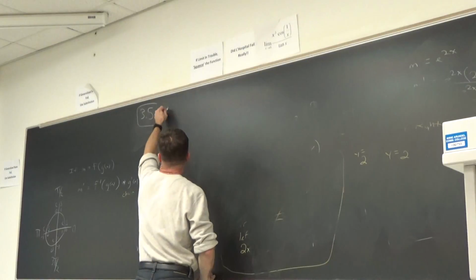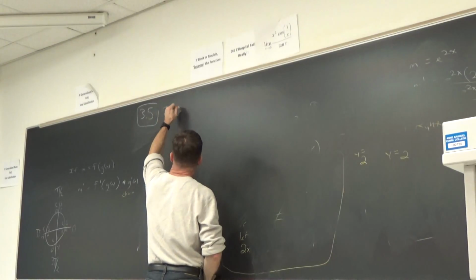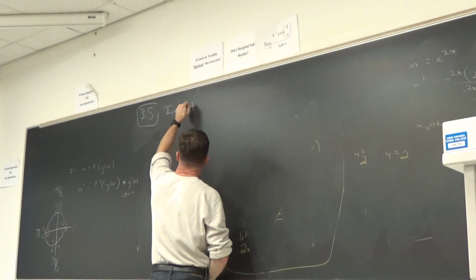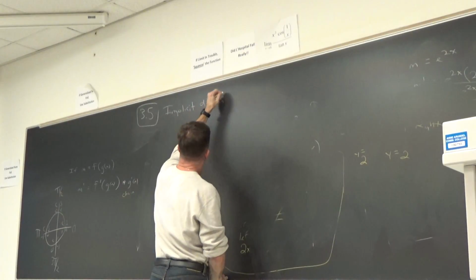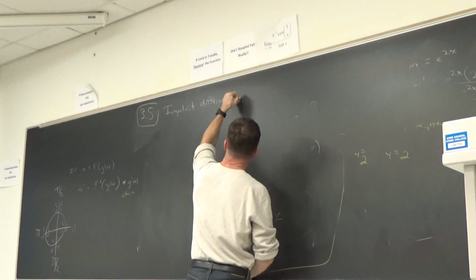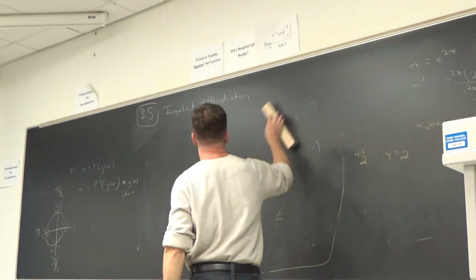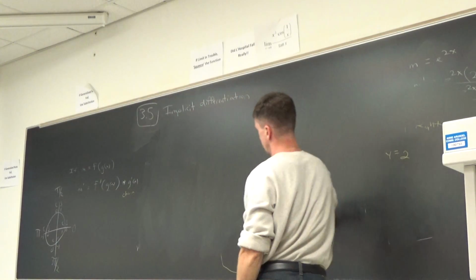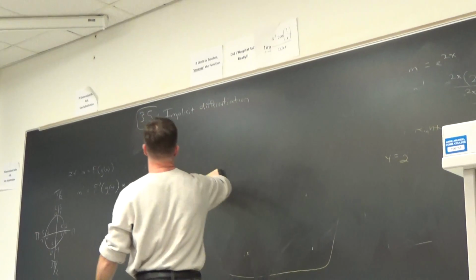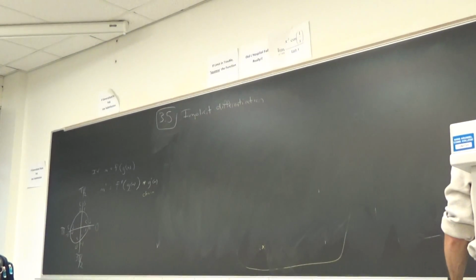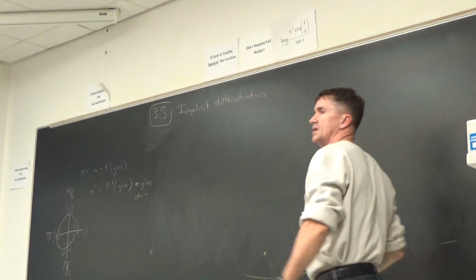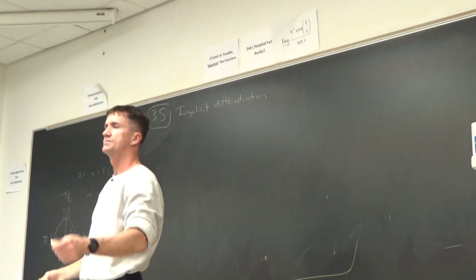All right, here you go. Implicit differentiation. It's the first thing, because you and I have covered all the derivative rules.